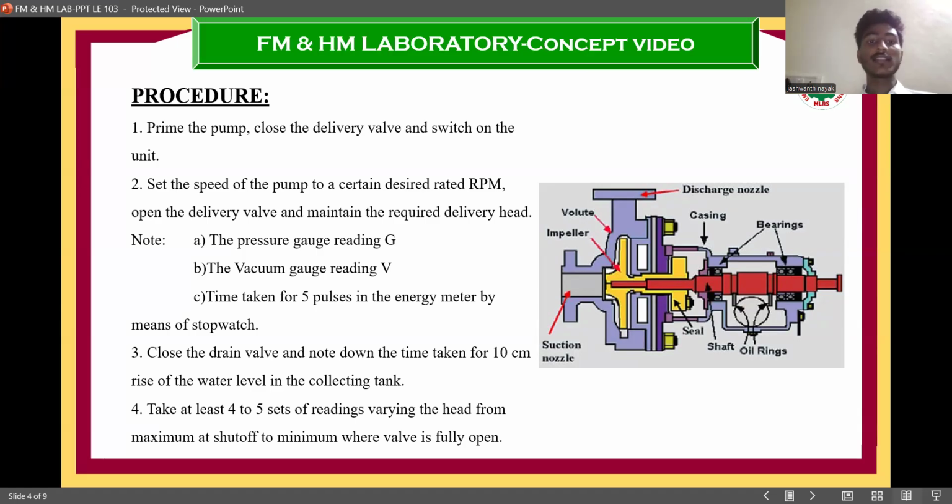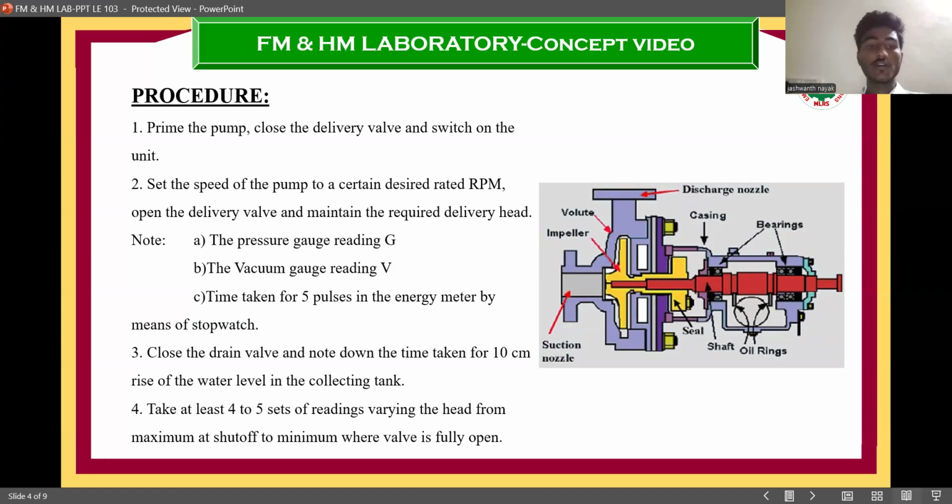Next, set the speed of the pump to a certain desired RPM. Then open the delivery valve and maintain the required delivery head.